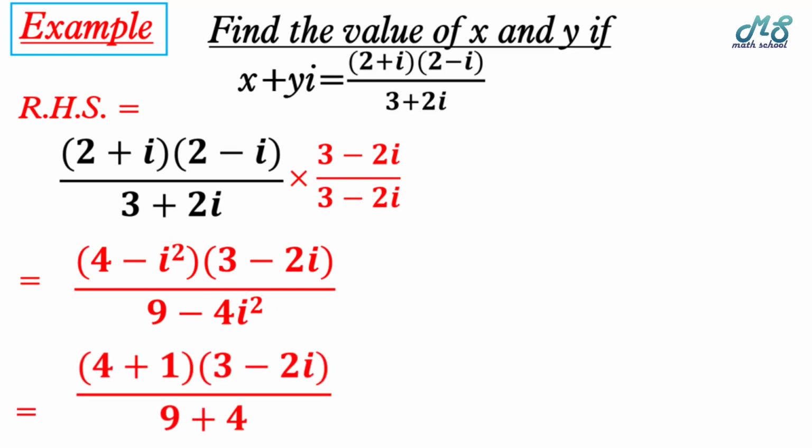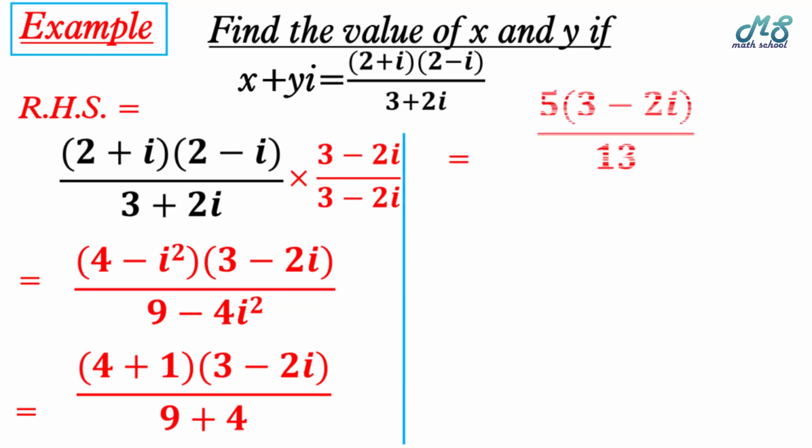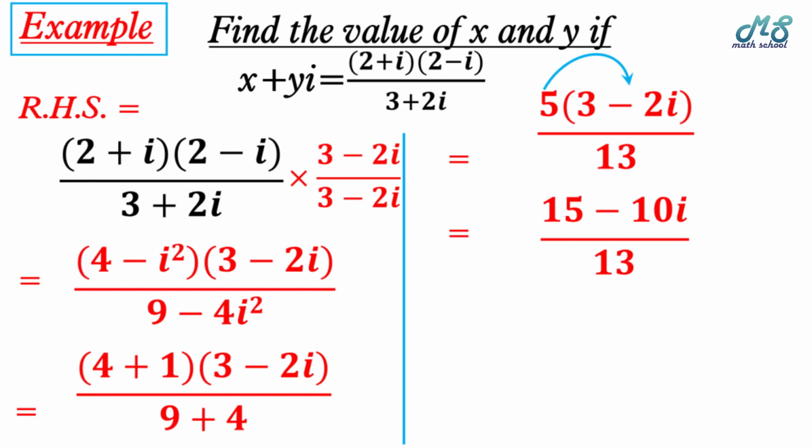Now substitute i squared equals negative 1 up and down. It will be 4 plus 1 equals 5, times 3 minus 2i over 9 plus 4, which equals 13. By using the distribution property, we get 5 times 3 equals 15 minus 10i over 13.